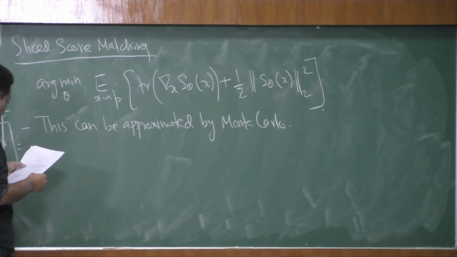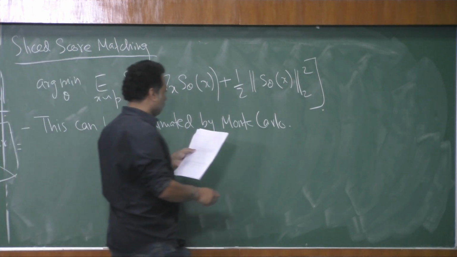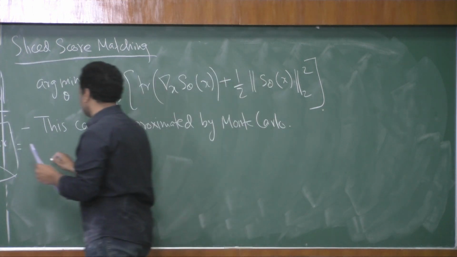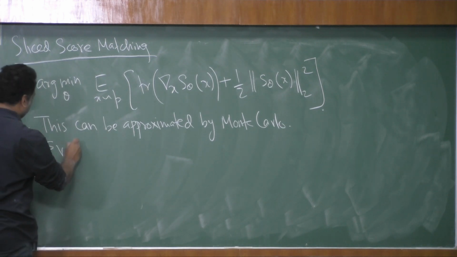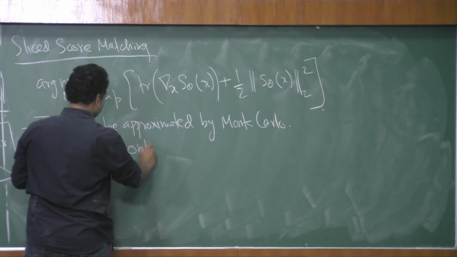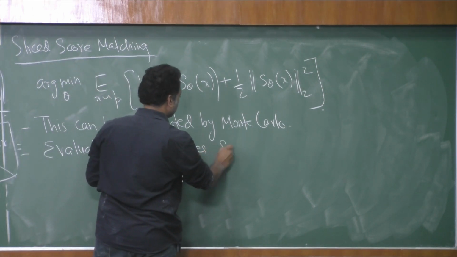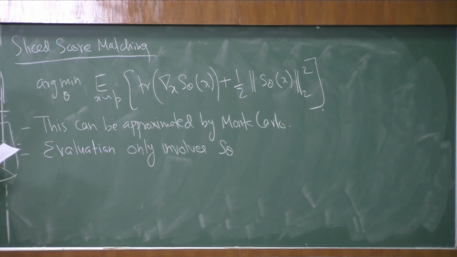So this can be approximated by Monte Carlo, and the evaluation of the objective only involves s theta, but it is still not yet convenient because of the high computational cost involved in calculating these terms.